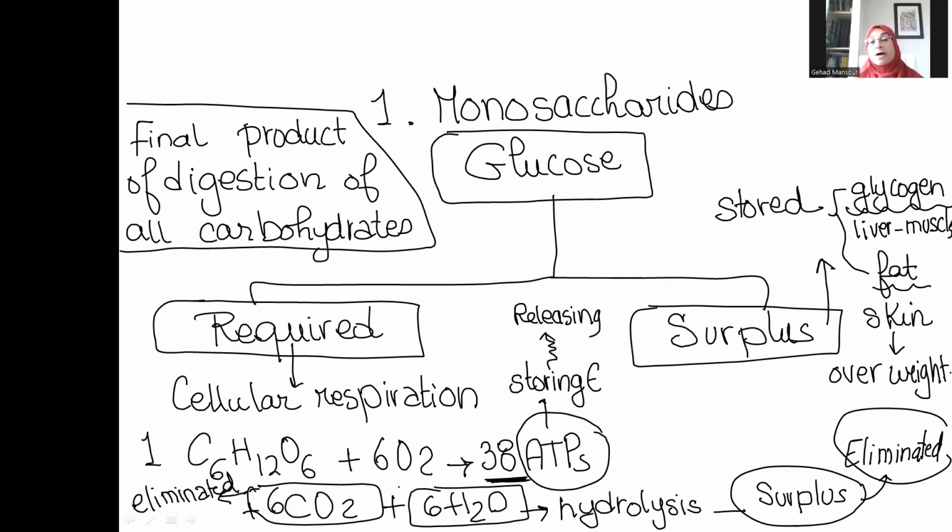Now, let's come back to the side items that are produced in cellular respiration and see how they are related to our lesson today. Of course, since glucose has been broken down in the presence of oxygen, this biochemical reaction represents aerobic cellular respiration.